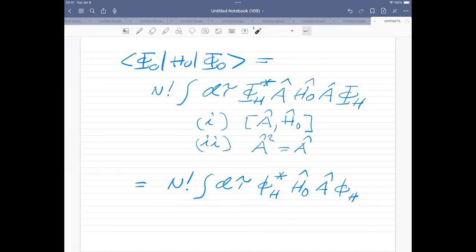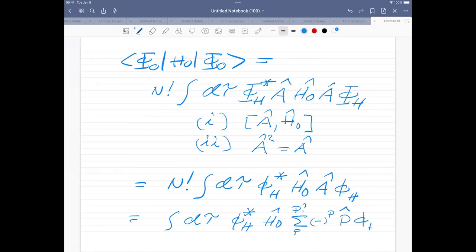So then I can rewrite this expression here. And then A squared is equal to A. And n factorial disappears because I have an n factorial in the definition of A. So I have simply an integral over d tau, and then this product, and then I have h0, and then I have the sum over all the permutations up to p factorial. And this has a minus p, and then the operator p acting on the state phi of h.